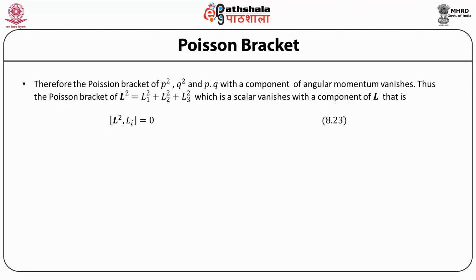Thus, the Poisson bracket of the angular momentum square, L square, which is equal to the sum of the squares of its components, L1 square plus L2 square plus L3 square, which is a scalar, also vanishes with a component of L. That is, the Poisson bracket of L square with any component Li is also equal to 0.